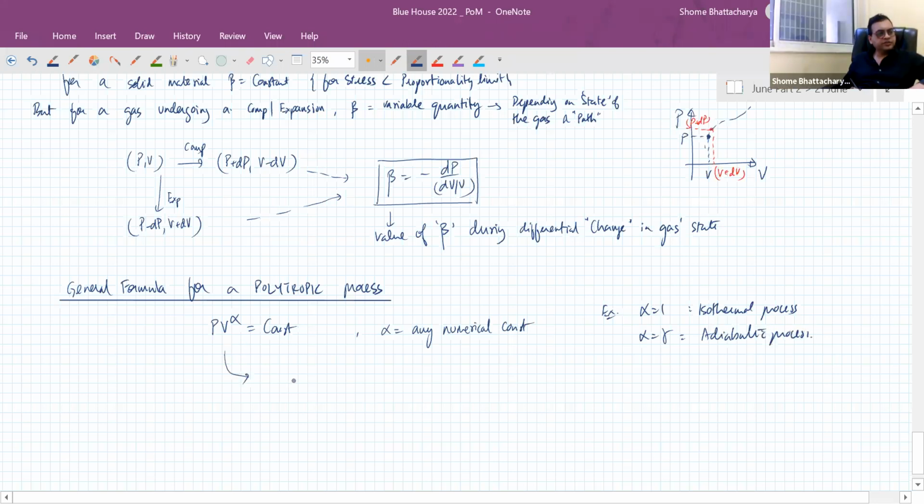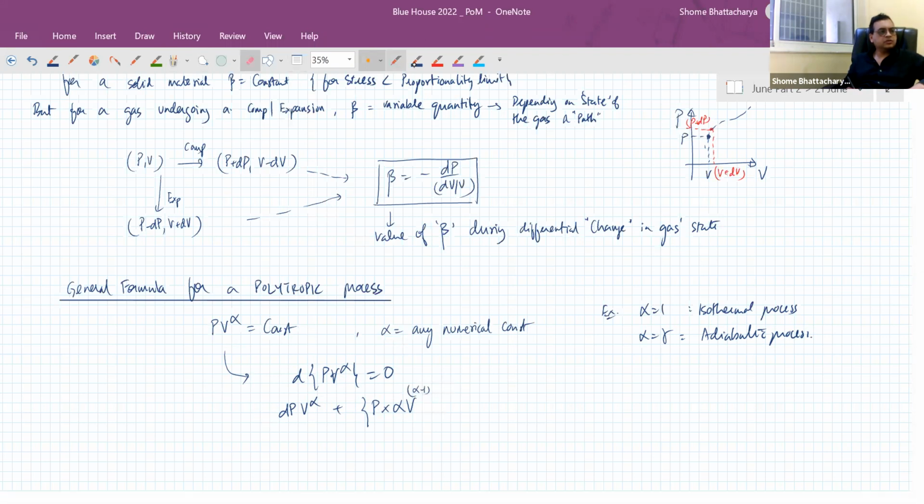So as you can see, if you differentiate this, it should be 0. So dP into V to the power alpha plus P into the derivative of V to the power alpha, which is alpha V to the power alpha minus 1 dV.